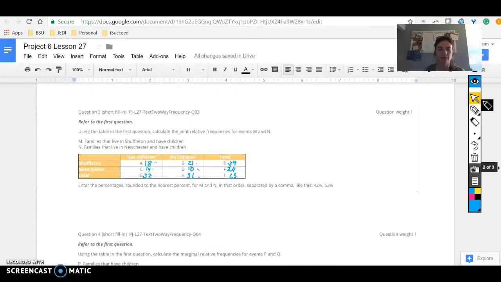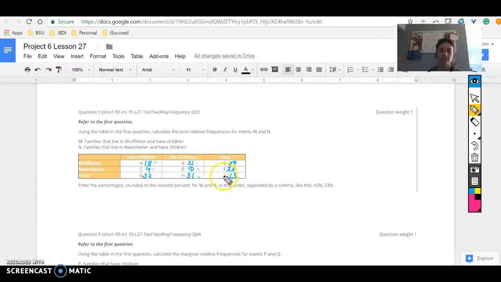Let's scroll down. For question 3, using the table in the first question, calculate the joint relative frequencies for M and N. So M is families that live in Shuffleton and have children. Okay, so what are the chances of that happening? So that is going to be having children and living in Shuffleton is 18.